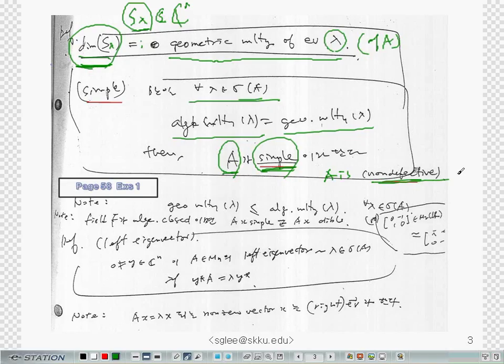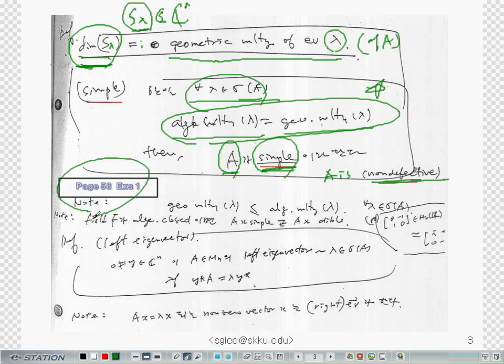They are all the same. This condition on simple matrices is very important in many applications, including matrix diagonalization.